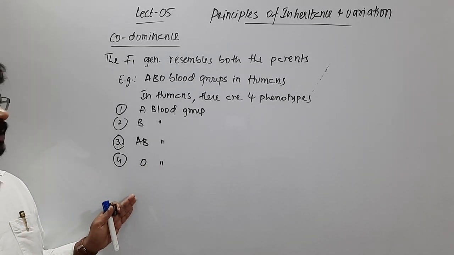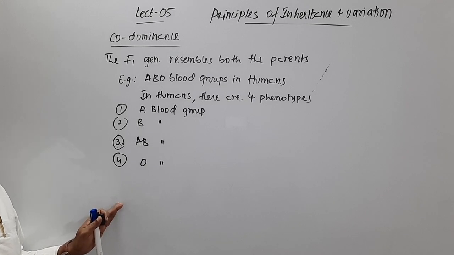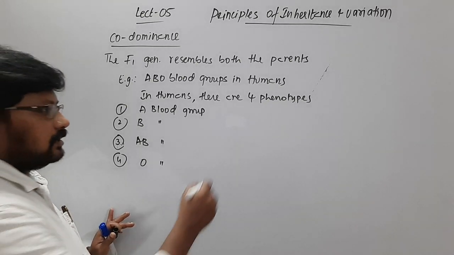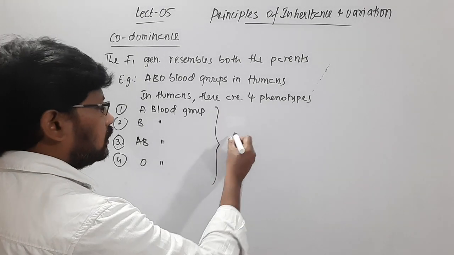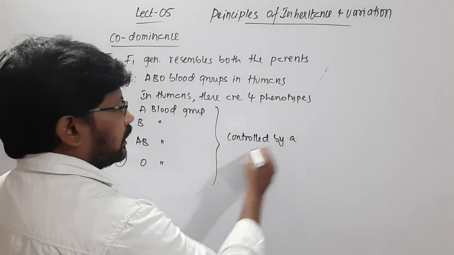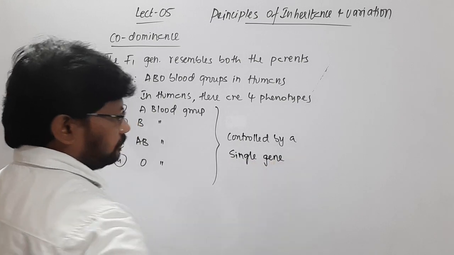Okay, so these are the four phenotypes that we observe in human beings, and these blood groups in human beings are controlled by a single gene.